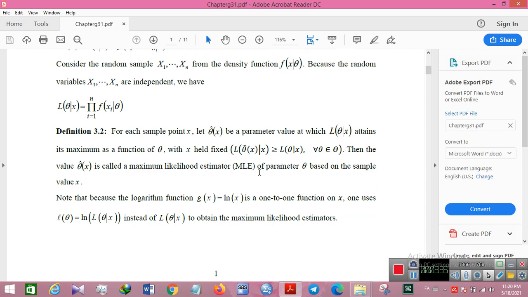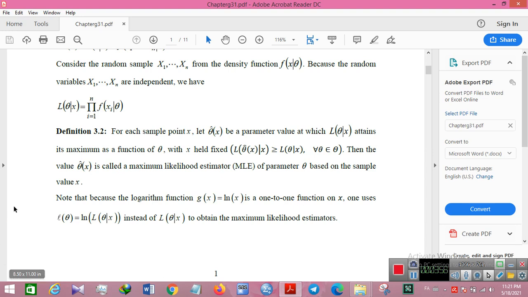Sometimes we use the log of the likelihood function, because the function ln x is a one-to-one function of x.